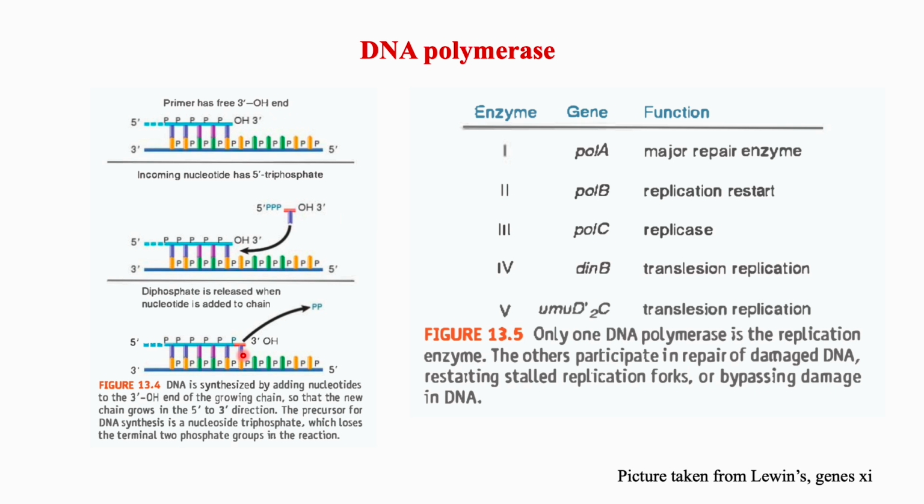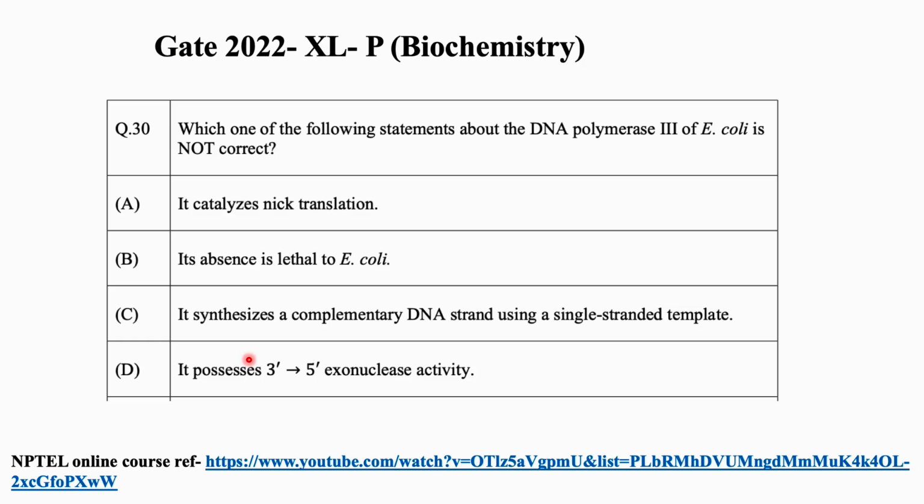As I mentioned here, if any polymerase observes any mismatch or a faulty base, it will go back. It will remove that faulty base. It will remove more bases just to be sure, and then again it will restart its journey by polymerizing the strand. So the going back in the opposite direction is known as 3' to 5' exonuclease activity, and yes, it is present in DNA pol 3.